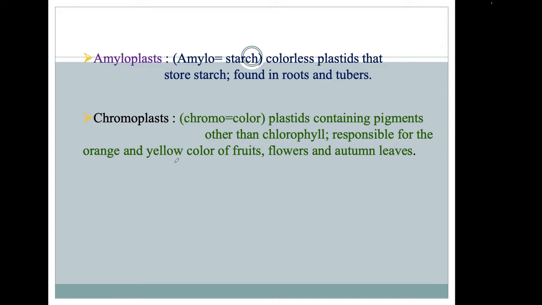They help in the pollination of flowers and dispersal of fruits and seeds. Chromoplasts contain pigments called carotenoids, which are orange to red, that means carotenes, and yellow, that means xanthophylls, in color.